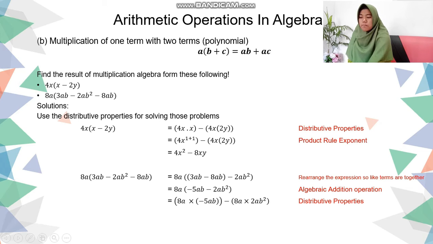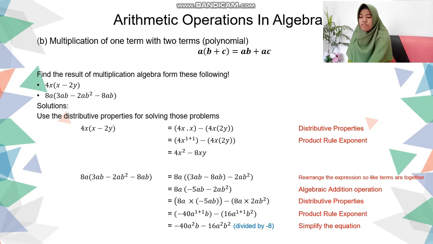Then using the product rule of exponents, equal to (minus 40 a to the power of 1 plus 1 b) minus (16 a to the power of 1 plus 1 b squared).